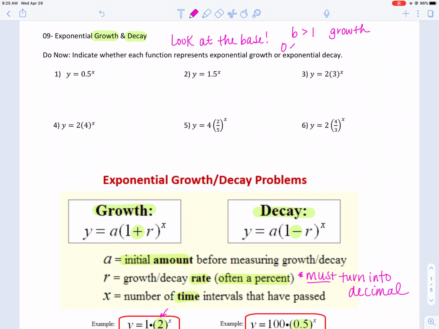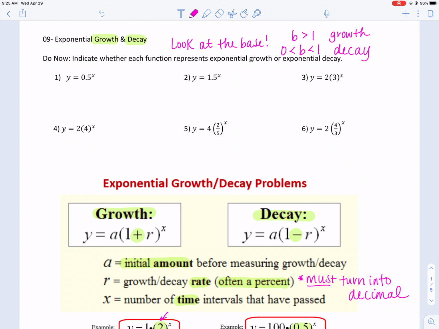If the base is in between 0 and 1, it's decay. So now I think even more important is, what numbers represent the base? The base is the number that is being raised to a power. So understand, this is the base. This is the base. Base, base, base, base.